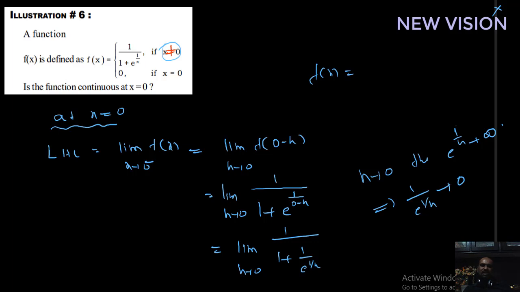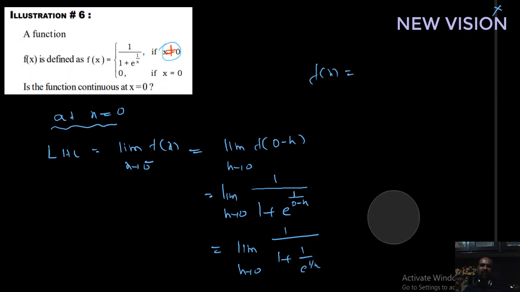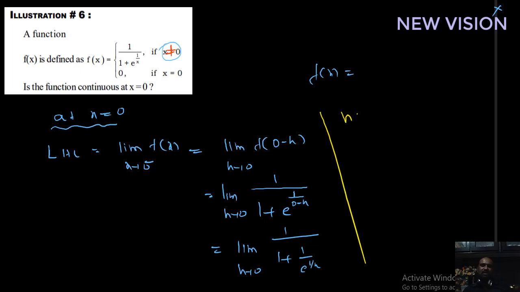This is interesting. Students, again I want to write here because this concept is important. h is tending to 0, then 1 by h is tending to infinity. e power 1 by h is also tending to infinity only, because e is 2 point something and a bigger exponent tends to infinity.